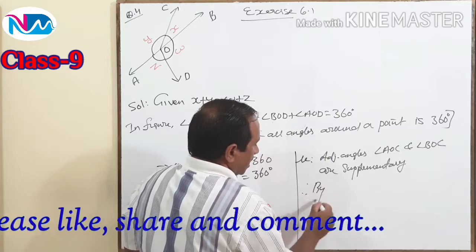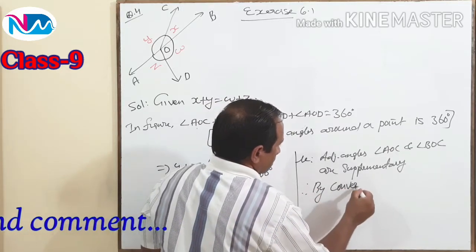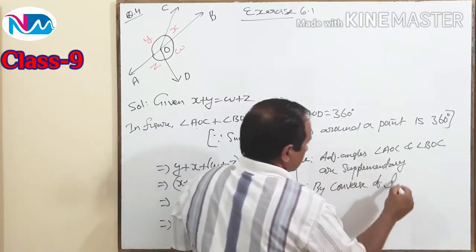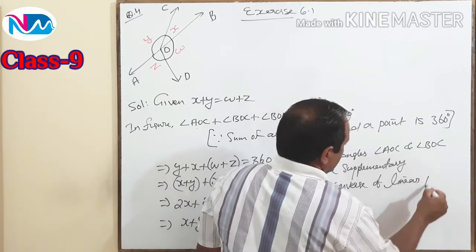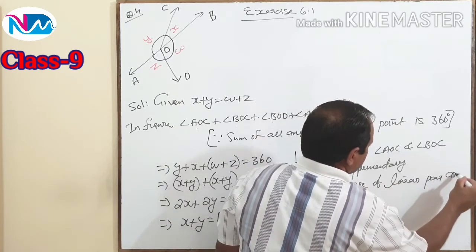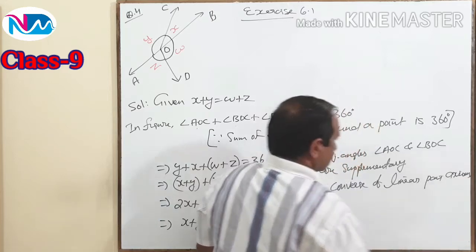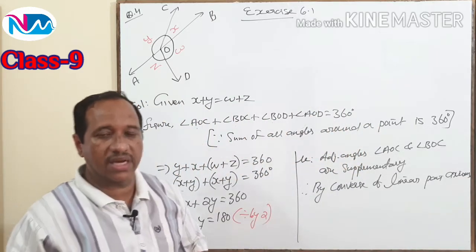Therefore, by converse of linear pair axiom. What is converse of linear pair axiom?